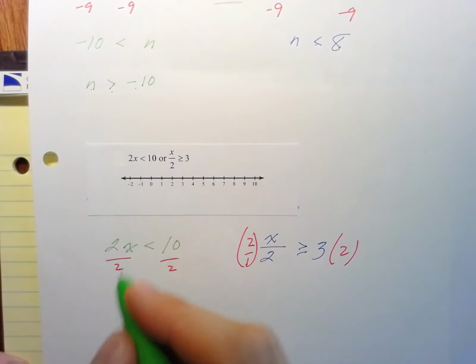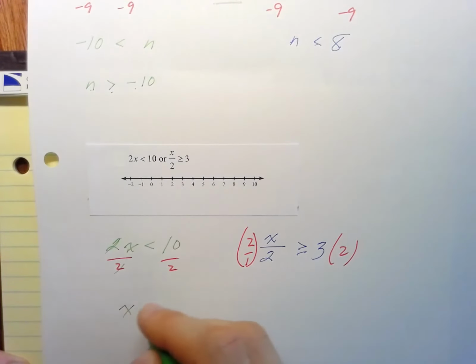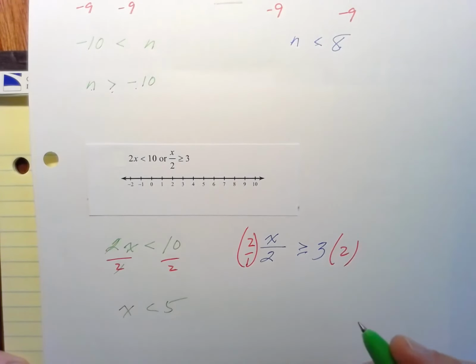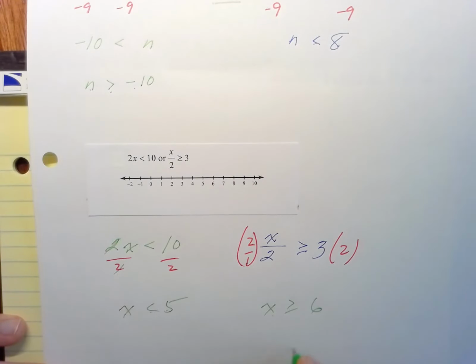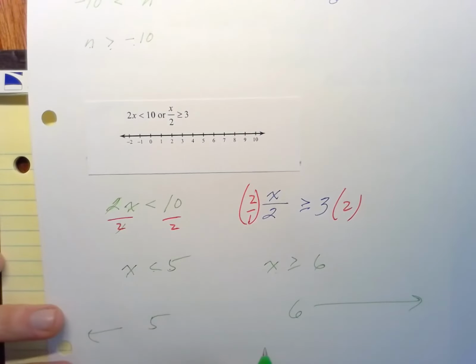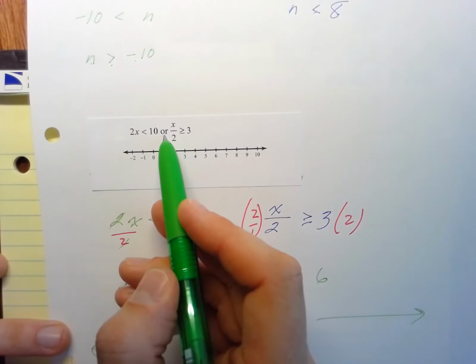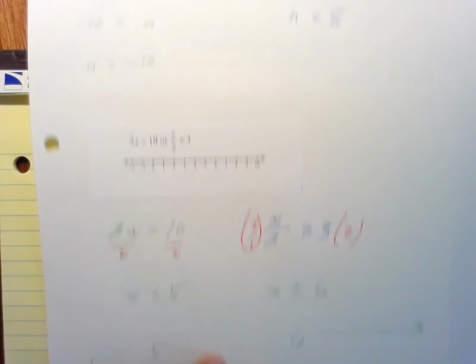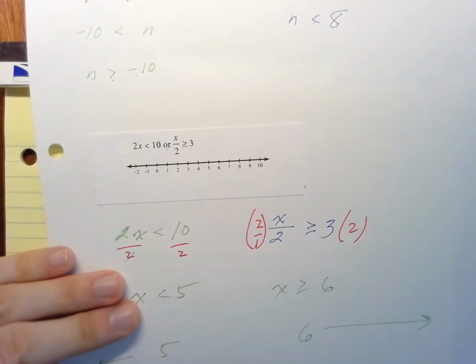So these cancel, and I've just got that, and here I've got that. So x is less than 5 and x is greater than or equal to 6. So of course if I'm 6 or greater, or if I'm 5 or less, obviously these are not going to overlap. We don't expect them to. This is an OR statement. They're going to diverge. So let's think about what we have here.